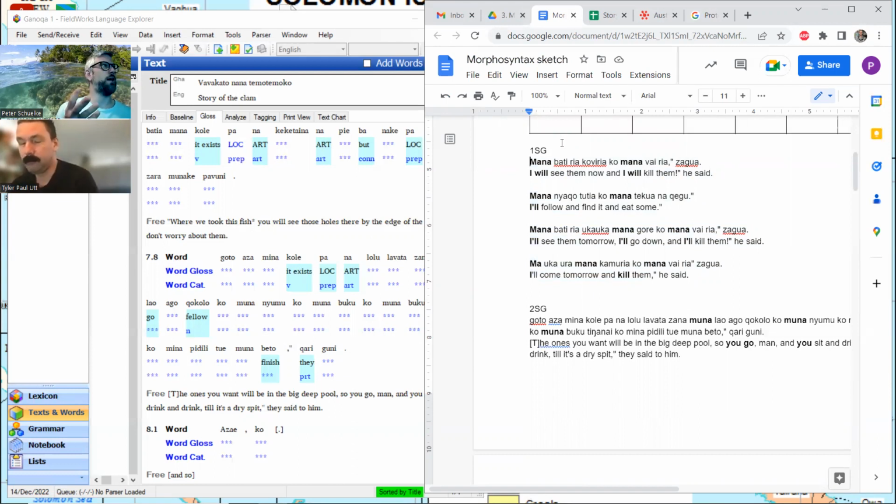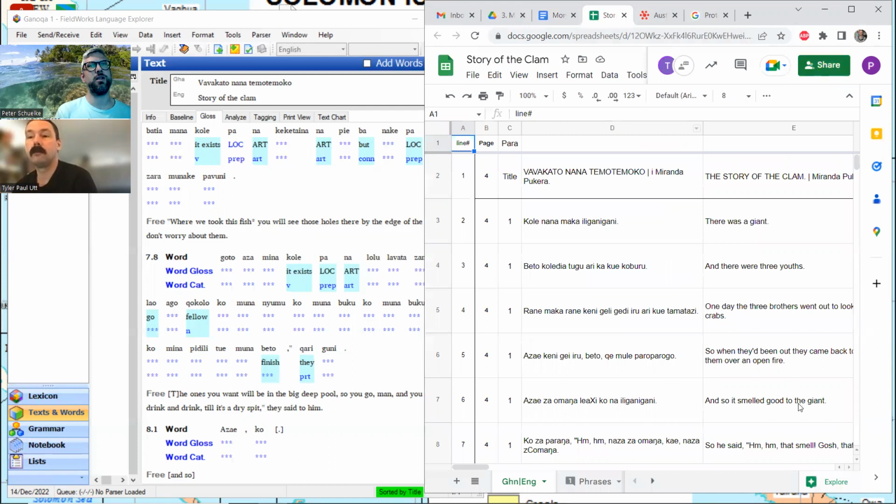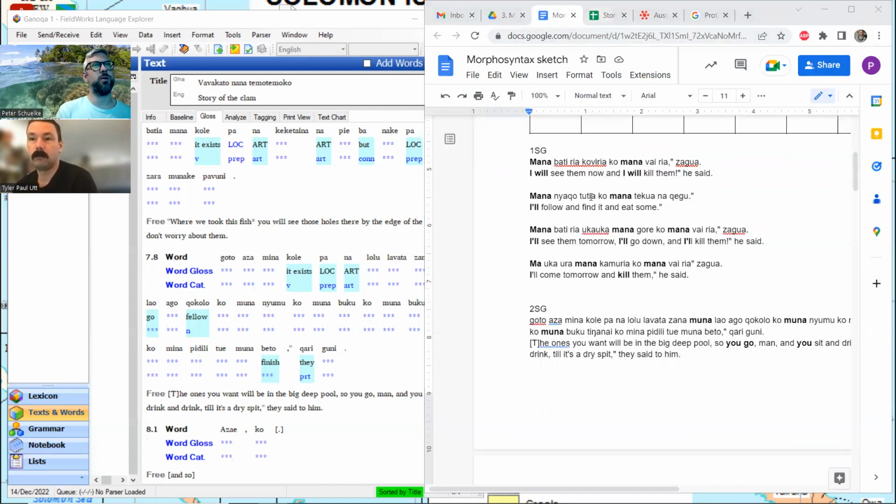How you do it is once you have made your text, like we have it here in this sheet, you use a find function, such as Control F for this Google Doc, and then you just put them in there. Now we have one instance of ma there that's not correlating with anything, but it might be that these two manas are the only thing. That ma could just be a word that sounds similar.